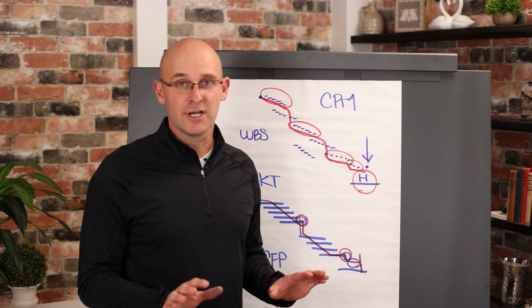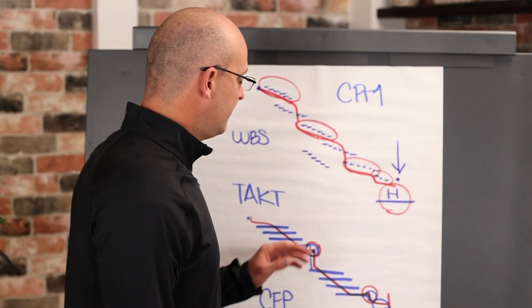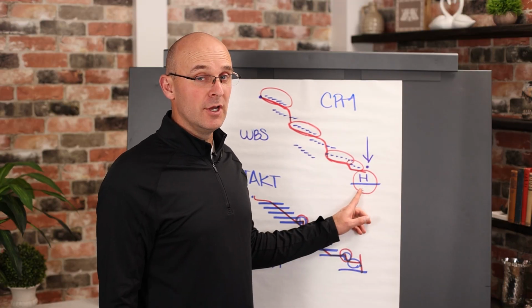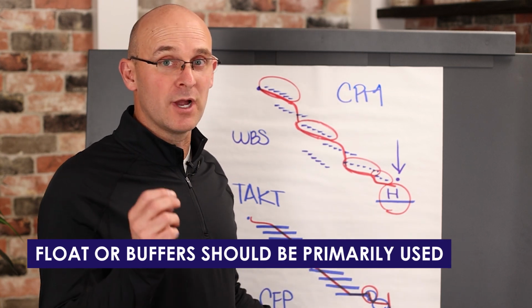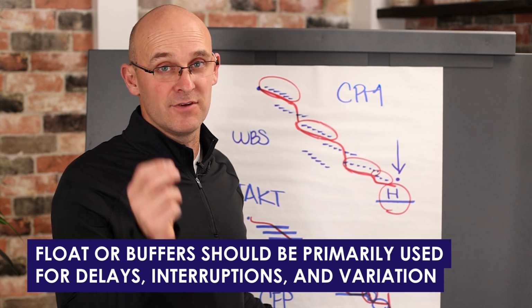So I want to answer a couple of questions here. Who owns the float? And here's what I want to caution you about. If you're in a contract where it says the owner owns the float or that it's shared float, you'll want to watch out for that. Float or buffers should be primarily used for delays and interruptions and variation.